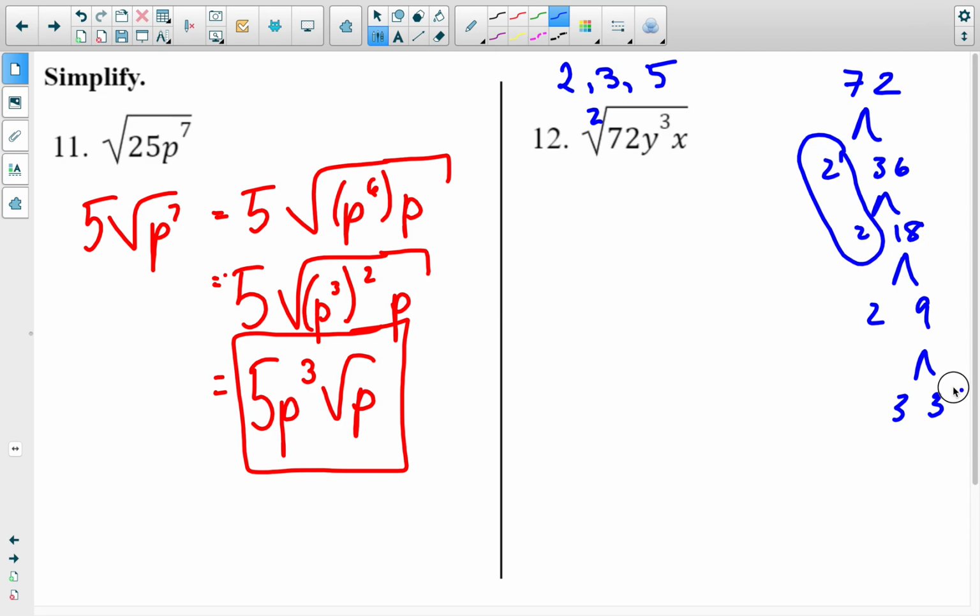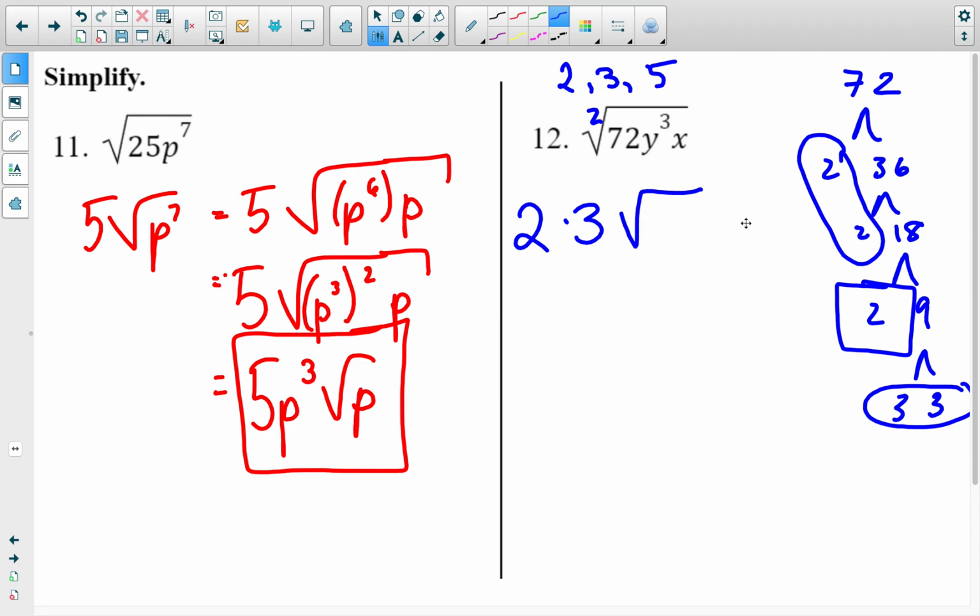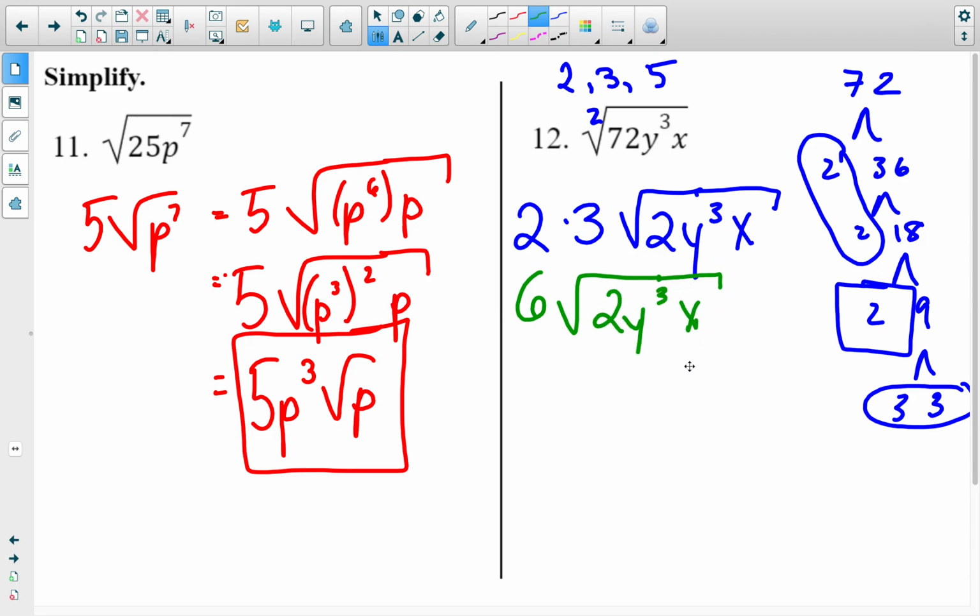So we have 2 2's, 2 3's. This 2 is left by itself. So the ones that I circled are going to come out front once. And then this 2 that I put a box around is stuck inside with our y to the third x. All right, so we end up with 6 square root of 2 y to the third x.